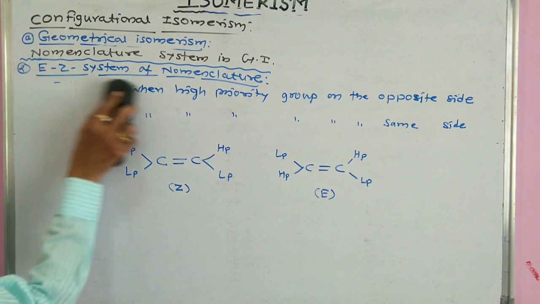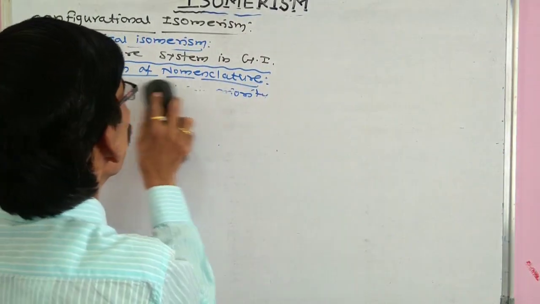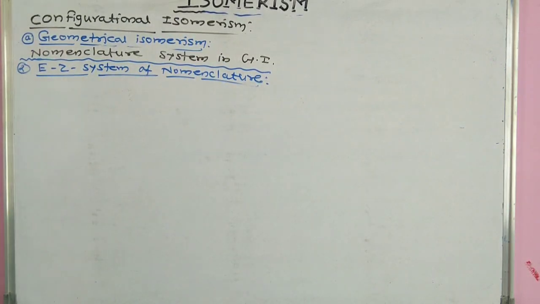Now for the EZ system, there are sequence rules to determine the geometrical isomerism.